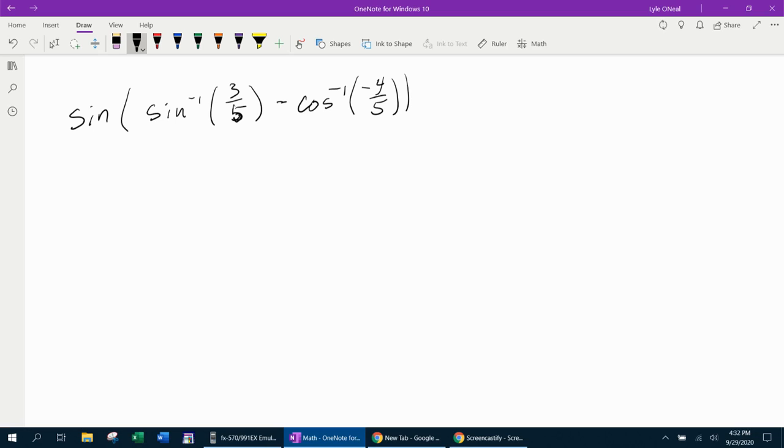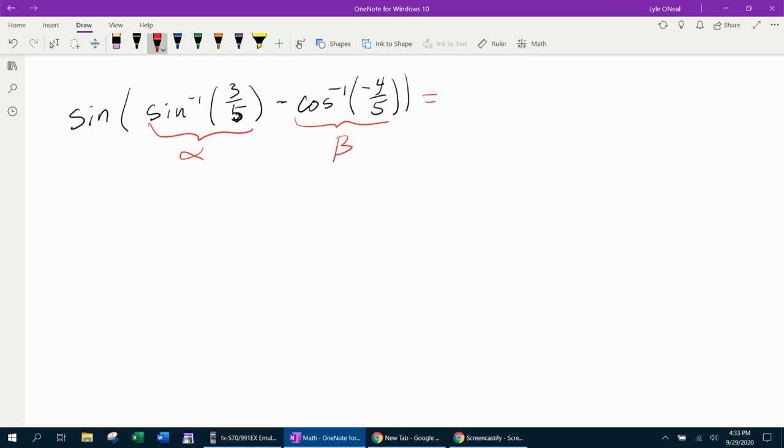And here again, the instructions are going to say find the exact value of the expression. And I want to remind you that an inverse trig function produces an angle. So the inverse sine of 3/5, we could call that alpha, and the inverse cosine of -4/5 would be a different angle, call that beta.